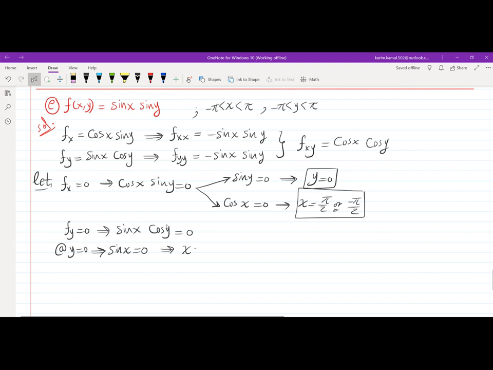At x equals pi over 2, it occurs only if cosine y is 0, since we know that sine 90 will be 1, so cosine y equals 0, then y equals positive or negative pi over 2.